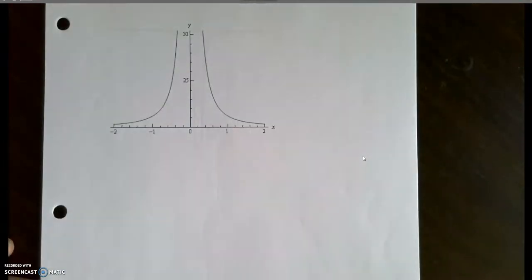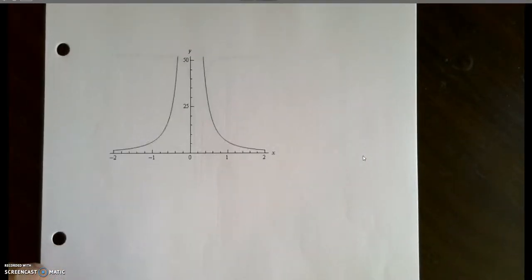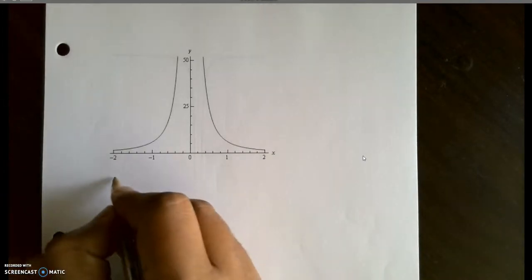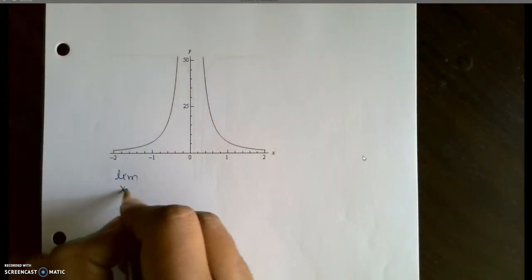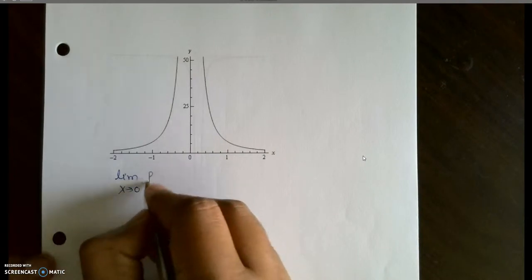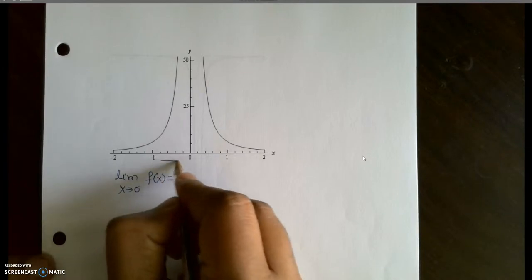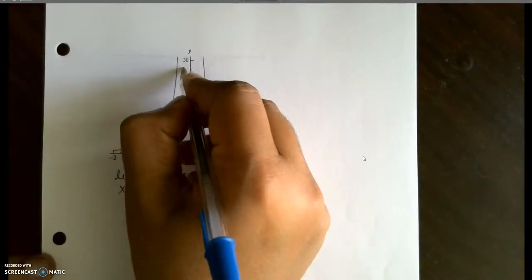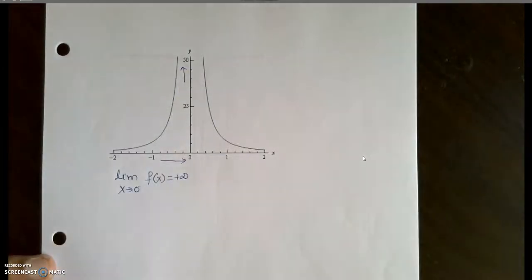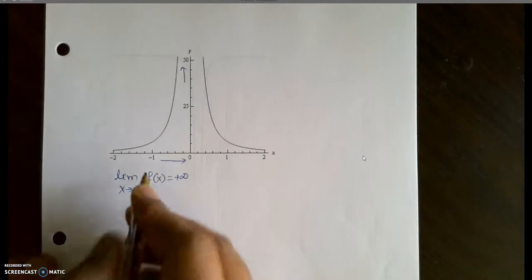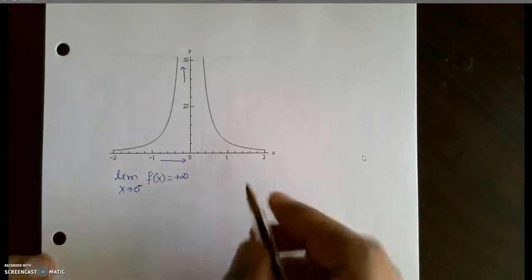represented graphically. So here is the graph of the function, and here as you can see the left-hand limit at 0 for this function is positive infinity. Why does it happen? As x approaches 0 from the left, you see that the y value goes to positive infinity, hence the left-hand limit is positive infinity.